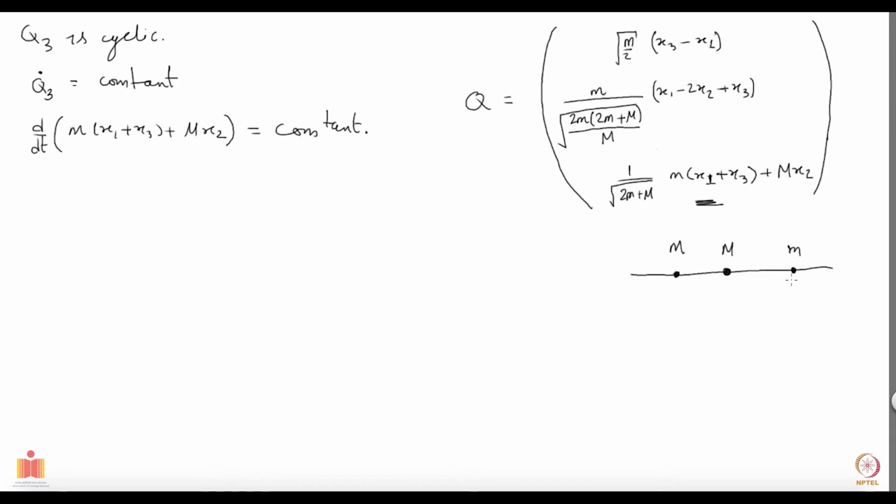Along the x-axis, let's mark their equilibrium positions. Let me call this position x1,0, this position x2,0, and this x3,0. These are the equilibrium configurations, and as the particles move, the displacements are given by x1, x2, and x3.